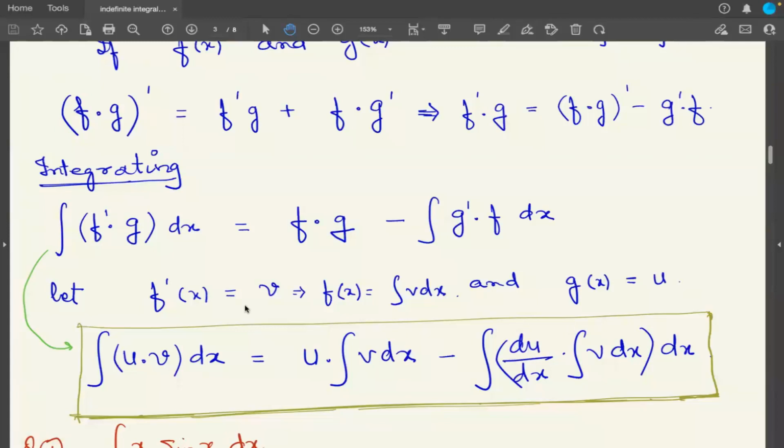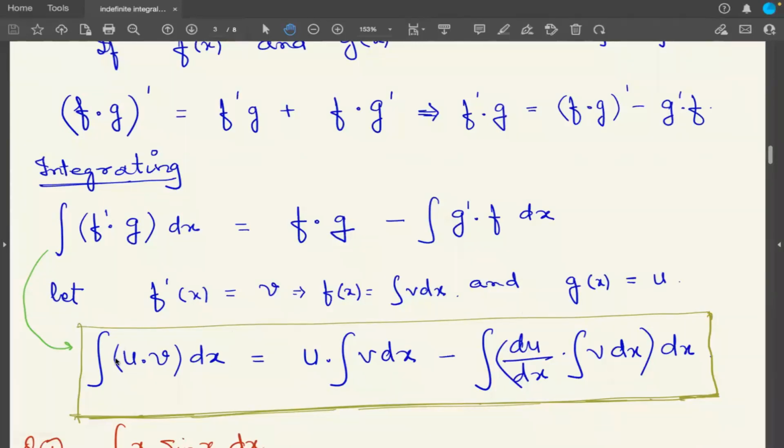So what we do is f dash x is equal to v. We just substitute the value of f dash x as v. So the f x will be like v dx and g x will be like u. Now we reach the conclusion part.